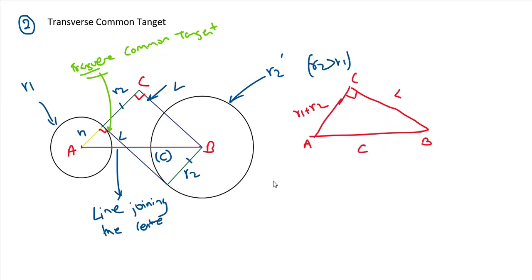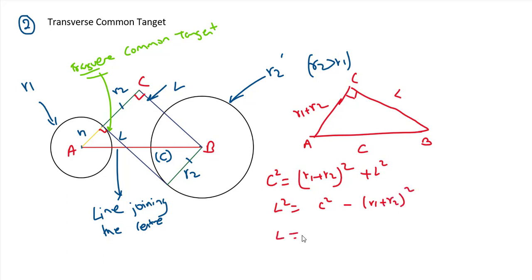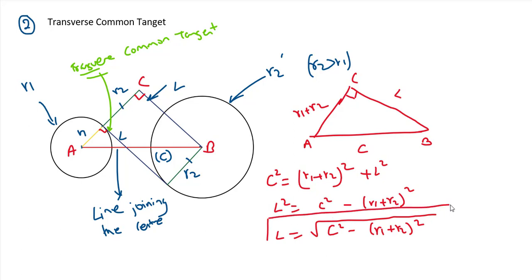Again, if we apply the Pythagoras theorem, we get C square is equal to (R1 plus R2) the whole square plus L square. So L square is equal to C square minus (R1 plus R2) the whole square. If we take the square root, the length of the transverse common tangent will be given by the square root of C square minus (R1 plus R2) the whole square. So this is the formula for the transverse common tangent.